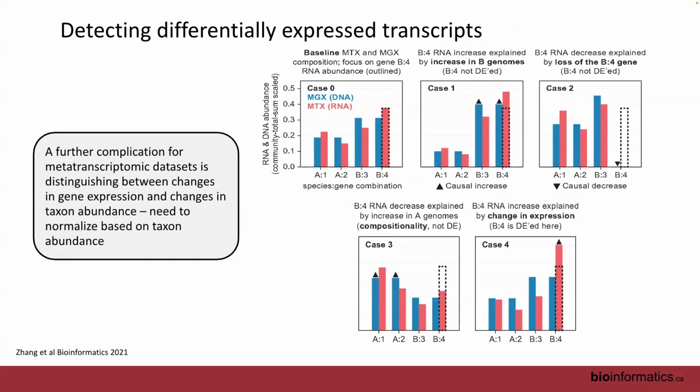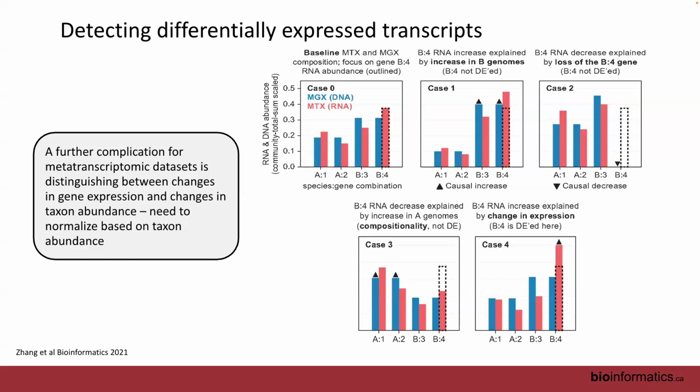Another complication we have with metatranscriptomics is, again, we don't have any good tools for identifying differentially expressed genes in metatranscriptomics datasets. There's also the complication that if you have a shift in abundance of your taxon, that's going to contribute to you seeing a shift in expression of genes, because if you've got more of that taxon, you're going to get more expression of all the genes associated with that taxon.